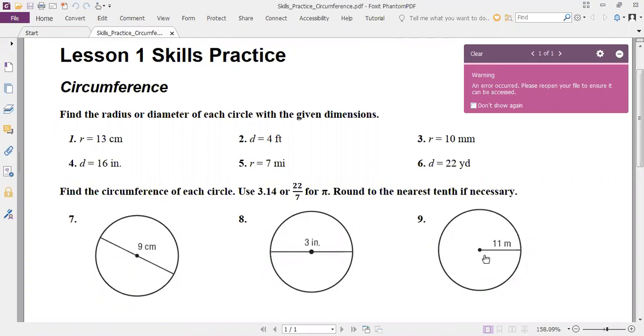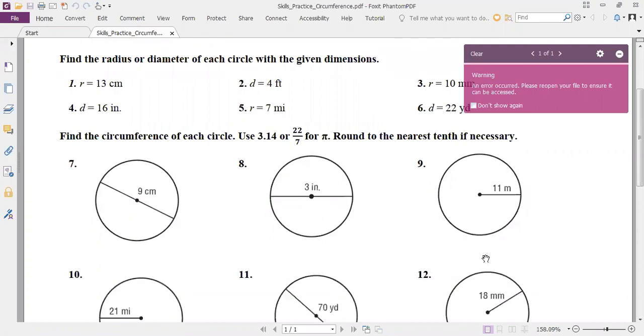Okay. 2 times pi, it will be 3.14 times 11. Equal 69.8? Only this?